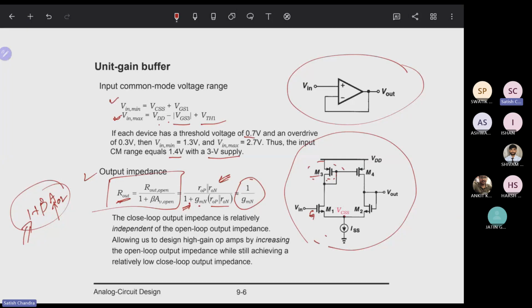That is why we say the closed loop output impedance is relatively independent of the open loop output impedance. This allows us to design a high gain op-amp by increasing the open loop output impedance while still achieving a relatively low closed loop output impedance, because this doesn't contain R0P or R0N.